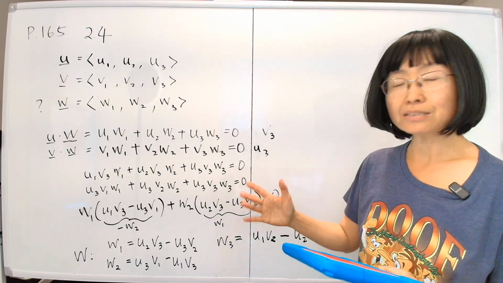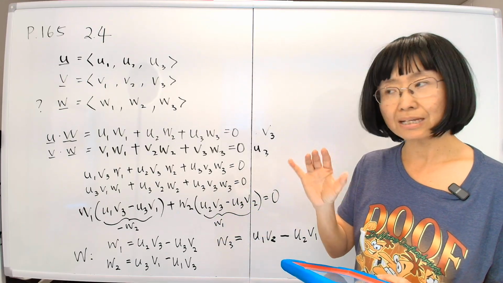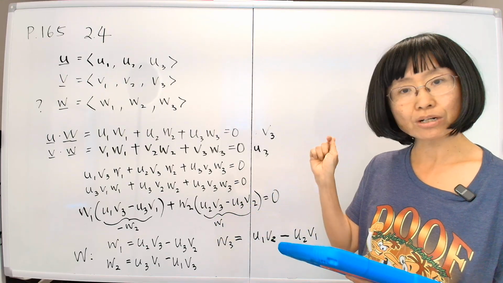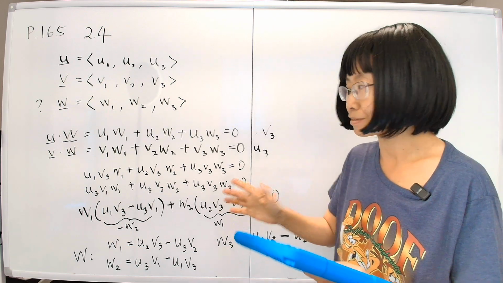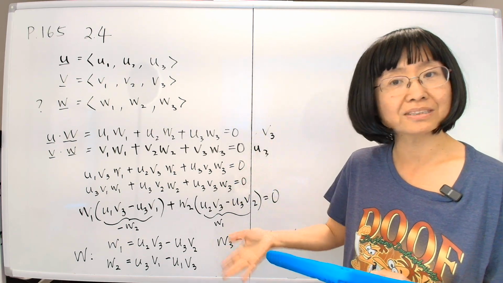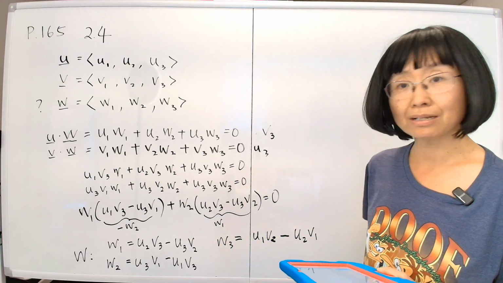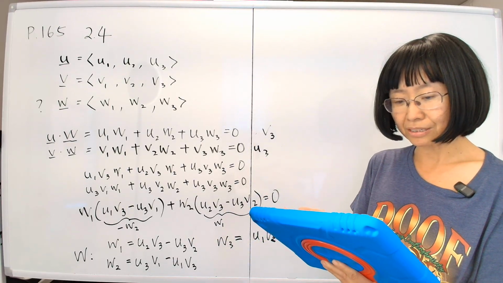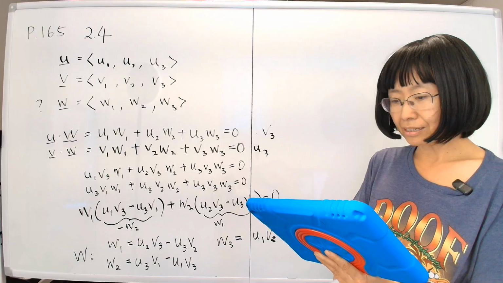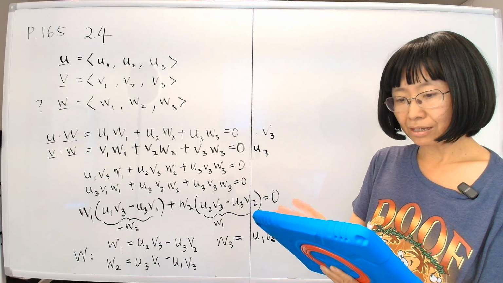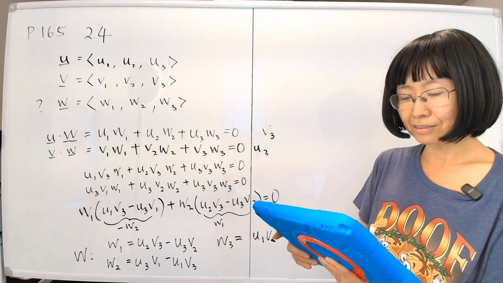The difference is the cross product is a vector, whereas the dot product is just a number because you multiply all the stuff out and there's no more direction left. But the cross product is still a vector because you end up with 3 numbers, which gives you a certain direction.